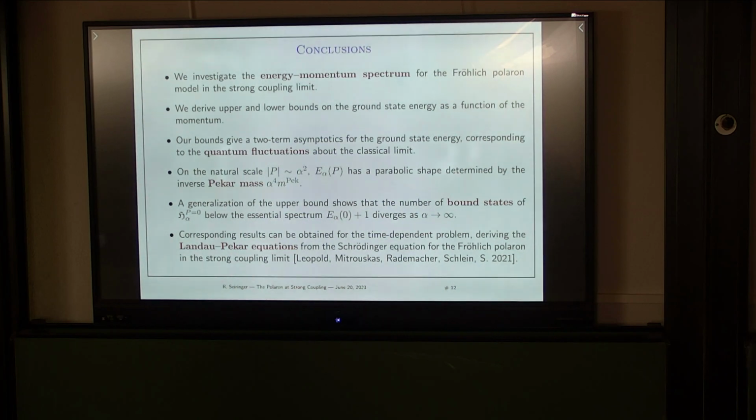They are known as the Landau-Pekar equations. What we actually did a few years ago together with Nikolai, David, Simone Rademacher, and Benjamin is to derive these Landau-Pekar equations as effective descriptions of the dynamics. But this is something I believe I talked about here 2 years ago, so I will not repeat it here. Okay. Thank you.